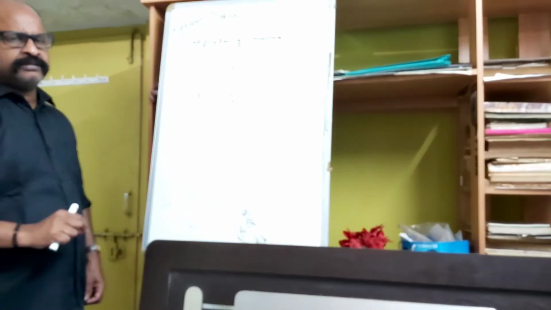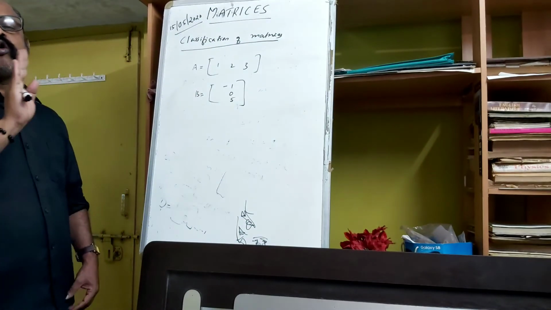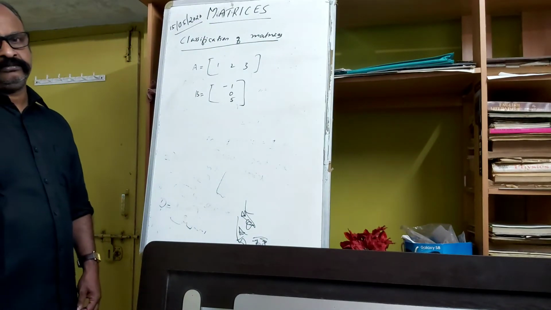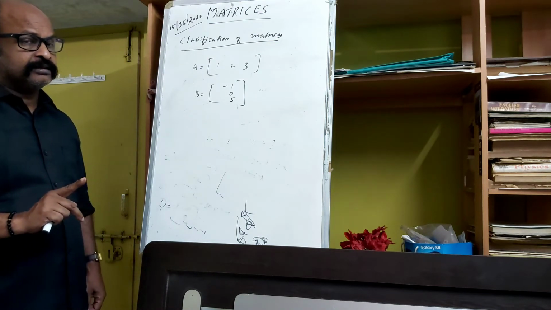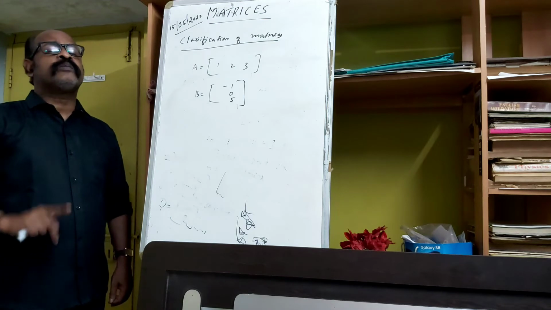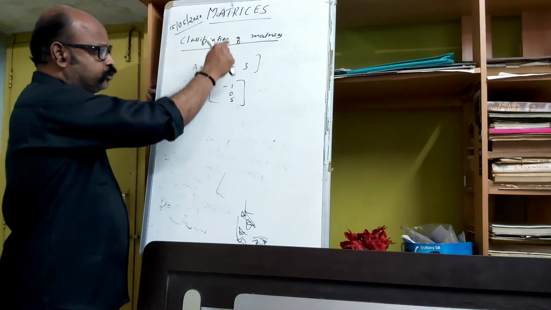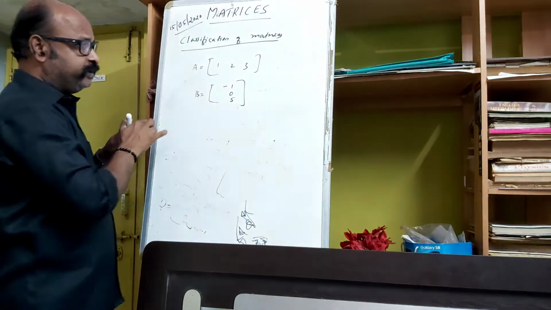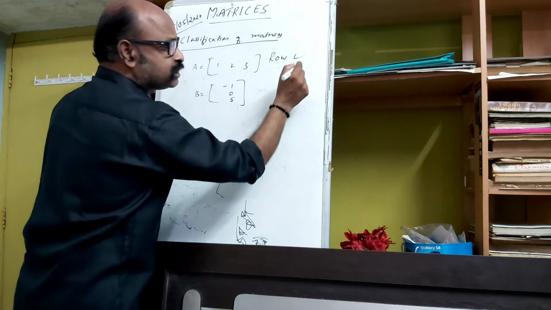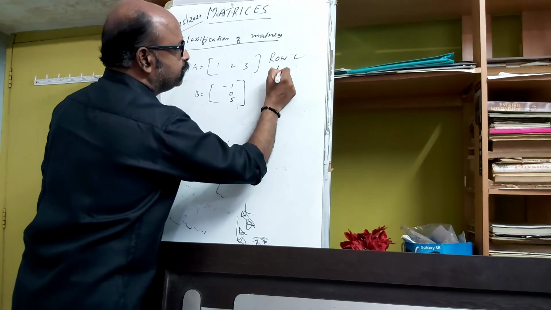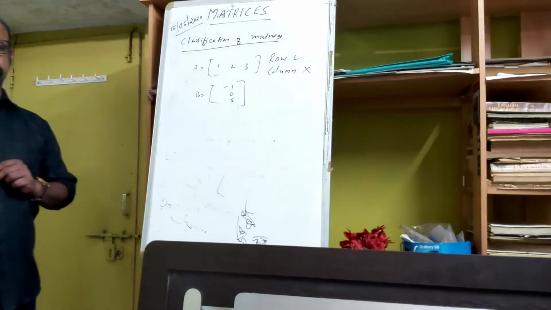Whether A is a column matrix or not. For a column matrix, we know the condition. What is the condition? There must be only one column, but here 1, 2, 3. So what does it mean? A is a row matrix, but A is not a column matrix.